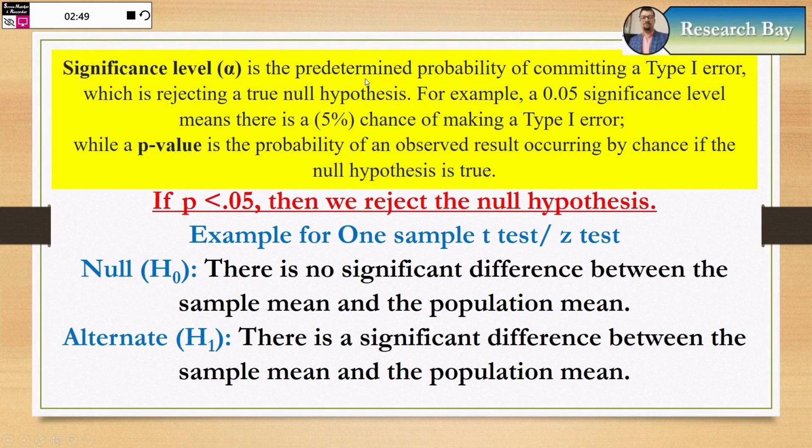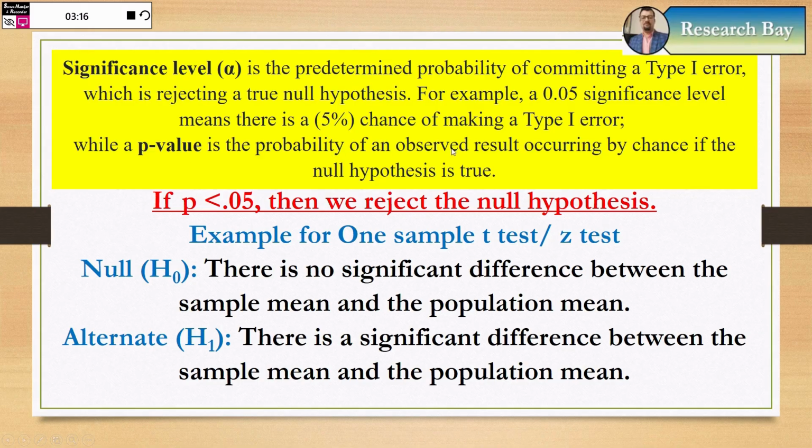So if we reduce the probability of committing a type 1 error, then we save ourselves from incorrectly rejecting a true null hypothesis. Right? So that is why we usually keep a significance level of 0.05, which is a 5% chance of making a type 1 error.